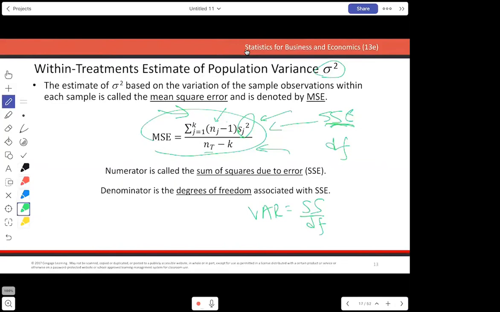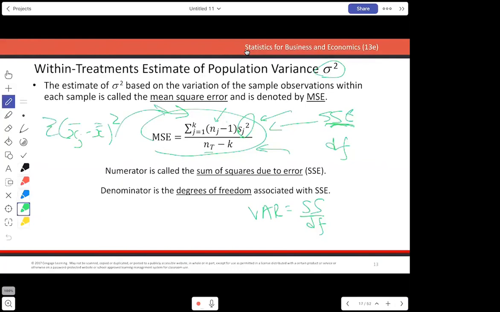Another way that we could rewrite this if we wanted to is to write it as x bar j minus x double bar squared. Right? X bar j minus x double bar squared.